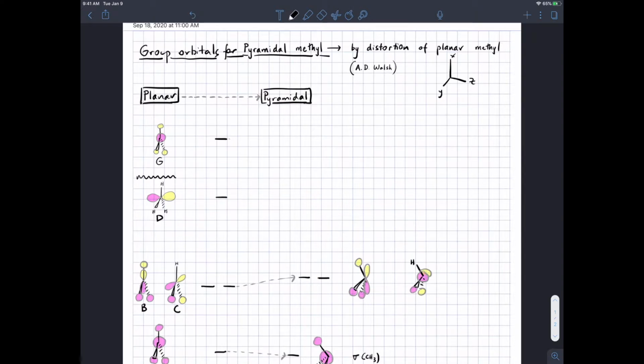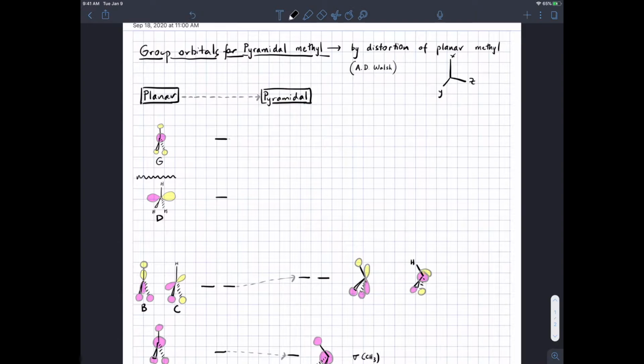But could we rotate our frame of reference so none of the hydrogens are in a node? You could, but at the expense of overlap. I'm struggling to think of exactly what geometric translation you'd have to do. You probably could do it, but this is the most stable. The overlap would be poorer. Yeah.